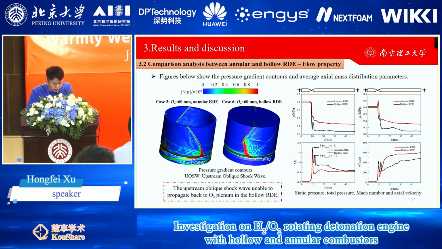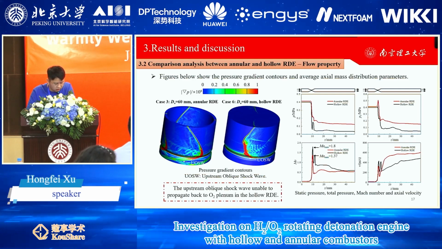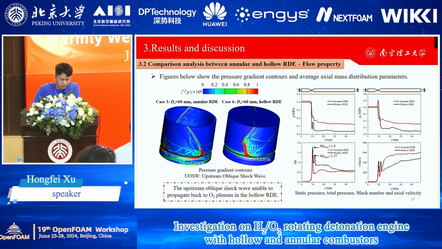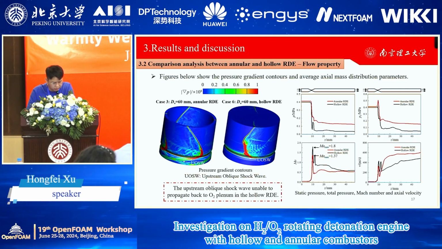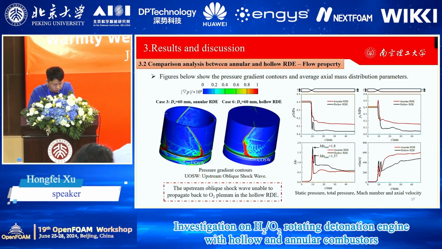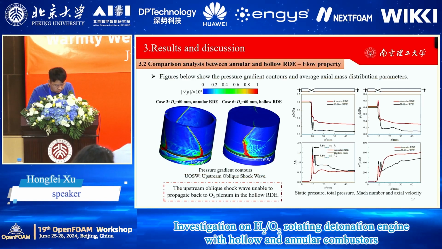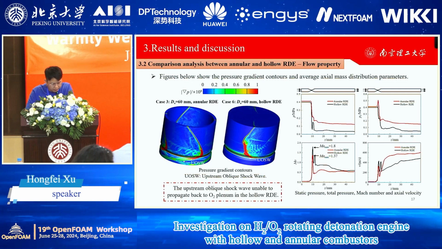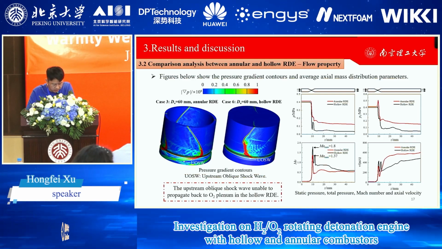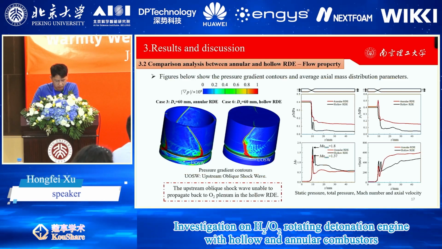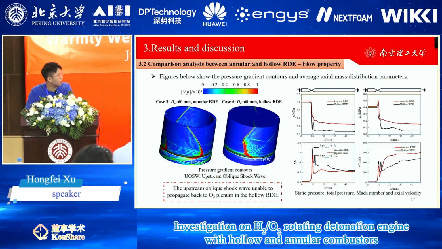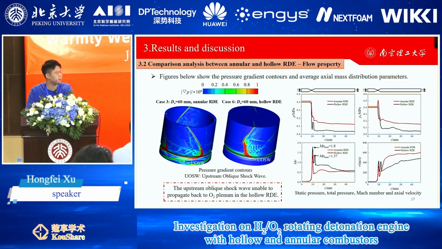The average peak pressure of the detonation wave in the annular RDE is higher than the hollow one, and the max Mach number near the hollow RDE sludge can reach 1.8, while the annular one is only 1.37. High Mach number and low detonation pressure make the shock waves unable to propagate back to the oxygen plenum in the hollow RDE.